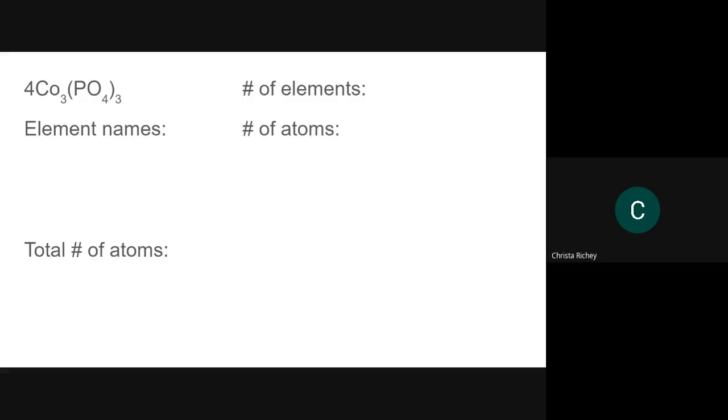Now I have a total of 3 different elements: cobalt, phosphorus, and oxygen. How many cobalts do you have? 12. 4 times 3. Phosphorus is going to be next.